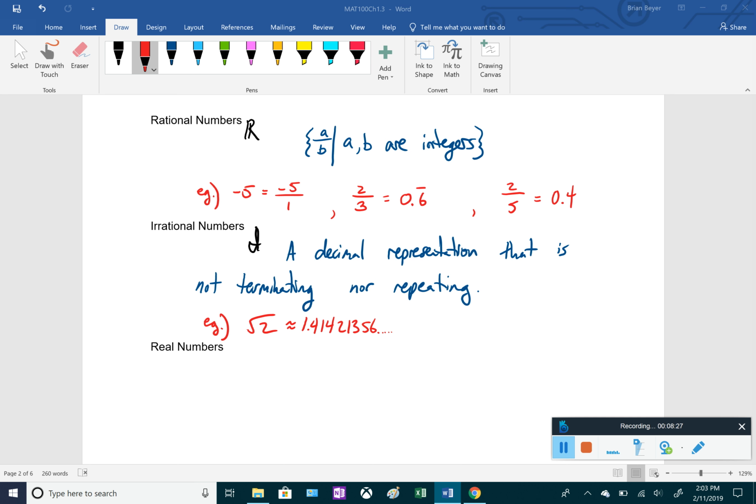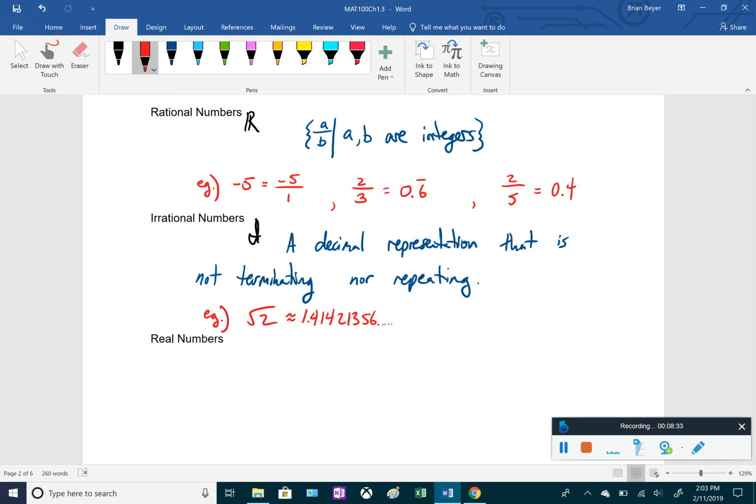Square root of 3 would end up being irrational. Square root of 5, square root of 7. A lot of the square roots that are not perfect squares will end up being irrational. And another one that's pretty common is pi. So if you don't know pi yet, hopefully you know it after the next 2 seconds.